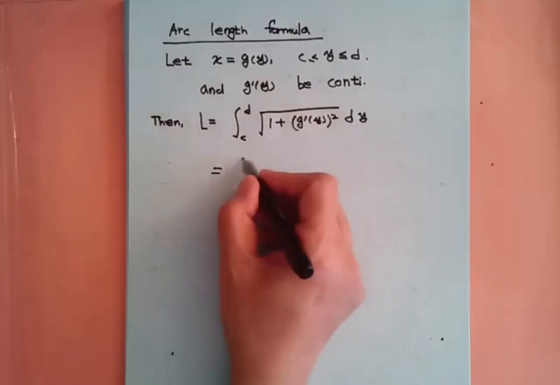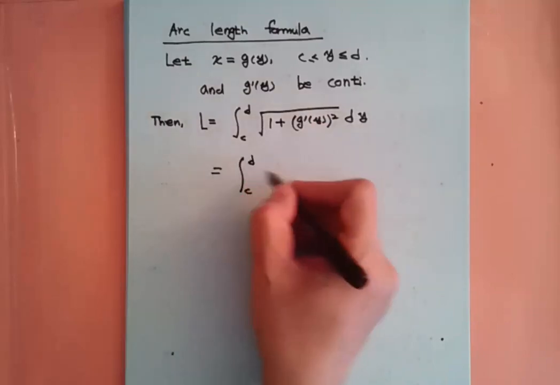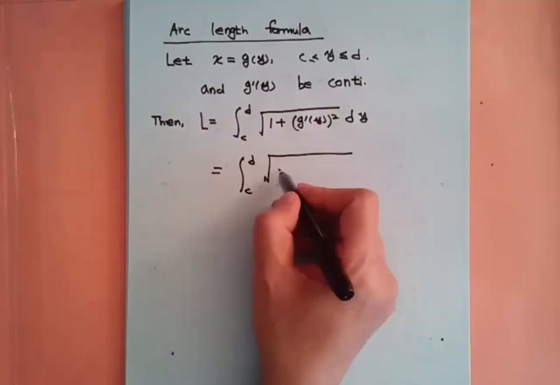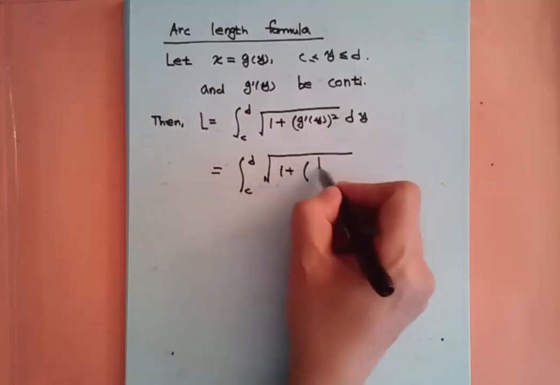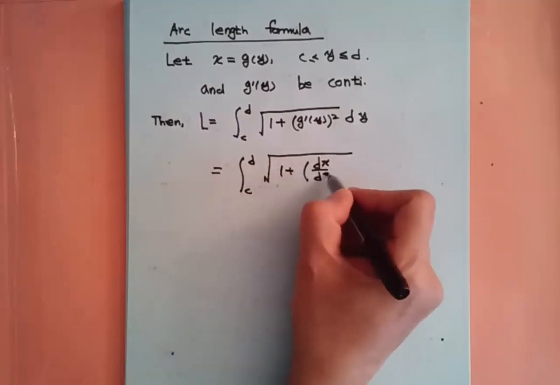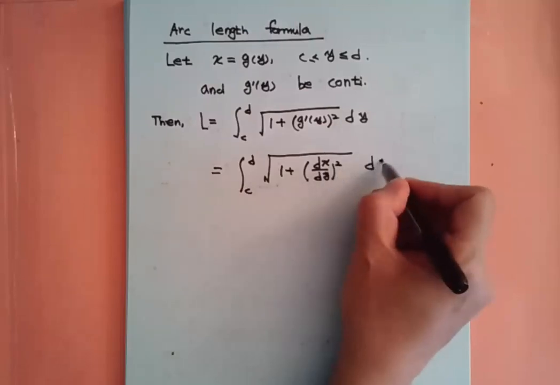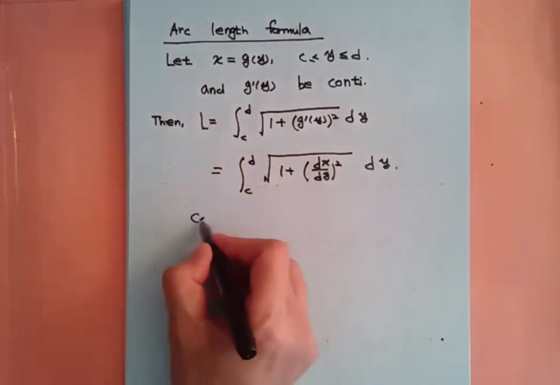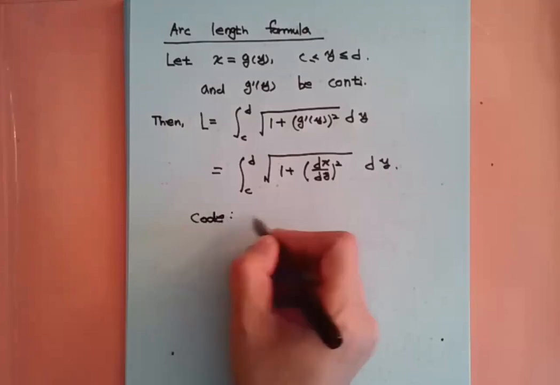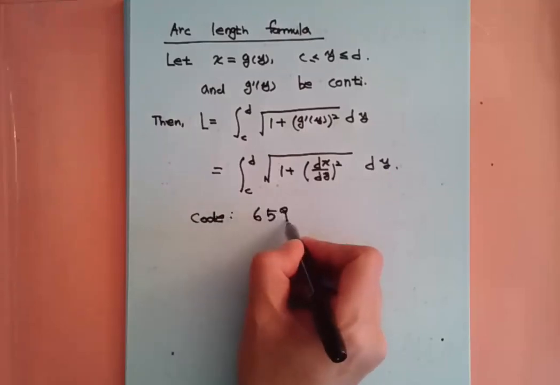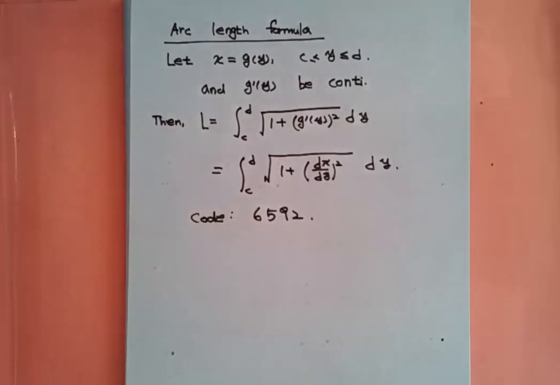And of course, that can be written as the integral from c to d of square root of 1 plus dx over dy squared dy. So essentially the same formula except switching x and y.